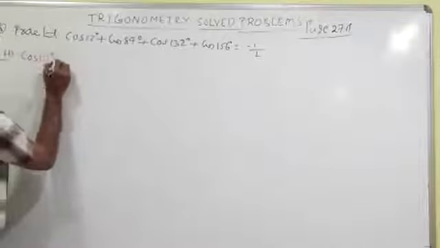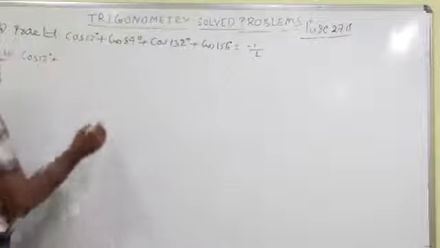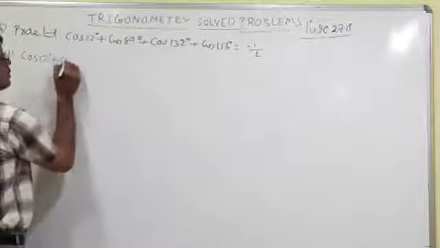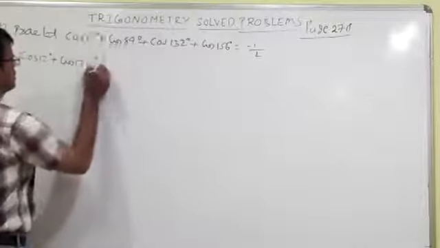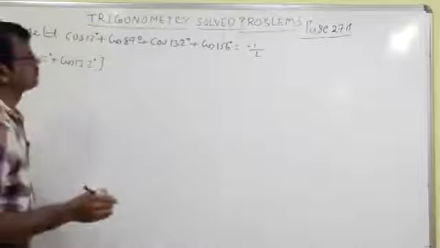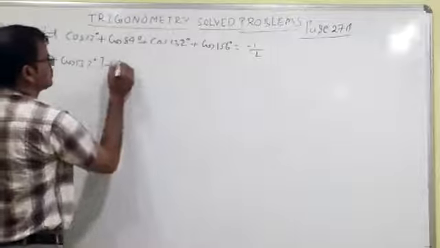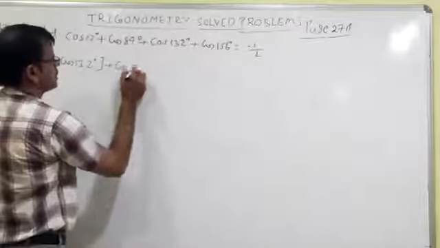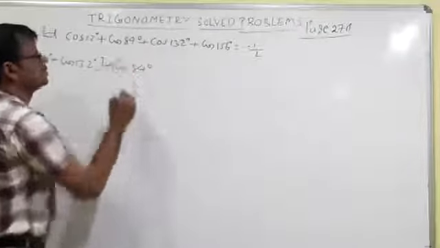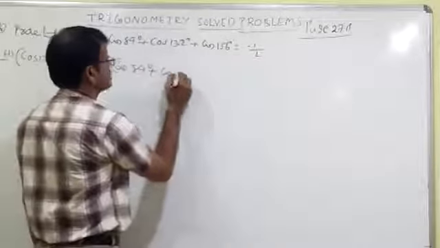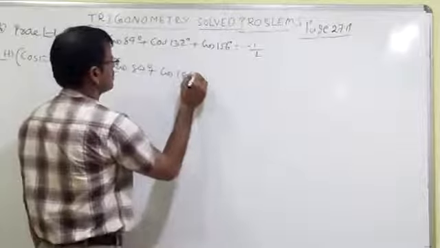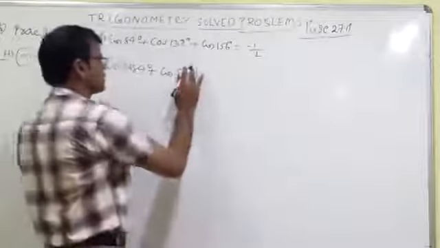LHS is cos 12 degrees plus cos 132 degrees, side by side, plus cos 84 degrees plus cos 156 degrees. In any method we can do, any way you can get the answer, you will get the answer.